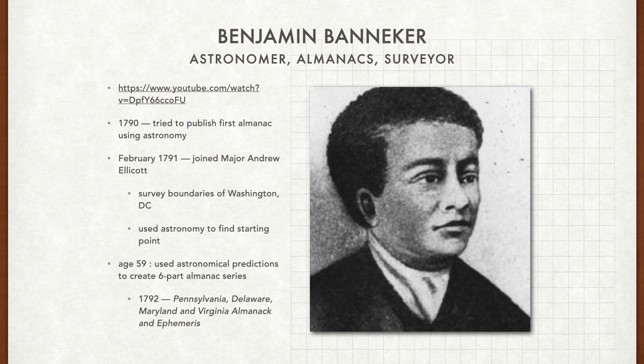So Thomas Jefferson, in accordance with what President Washington agreed upon, believed that they needed to plot a city that would be the capital of the new United States, in the new country. Every country has a capital. So Benjamin Banneker was recruited to help them plan out what eventually became Washington, D.C.